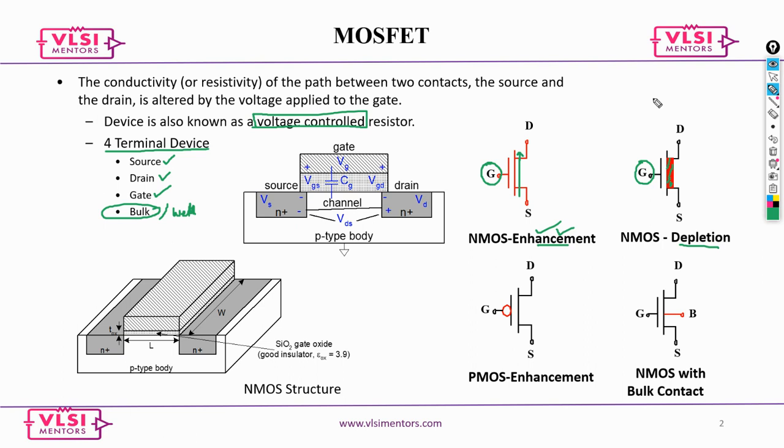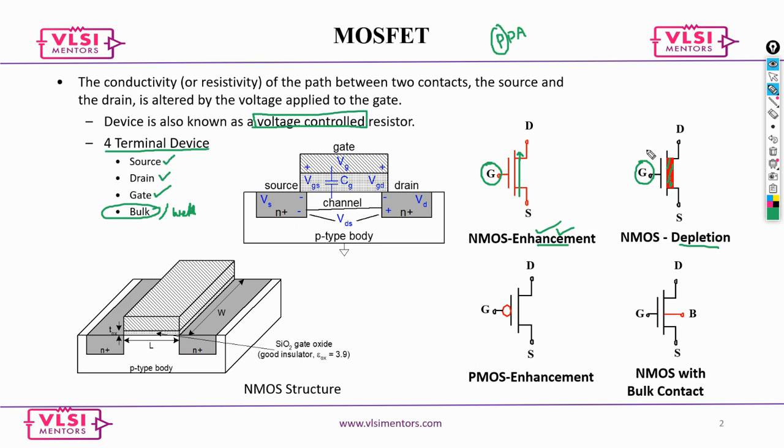Any IC we design now is likely to be power efficient, operated by a battery, or, like servers, power hungry. People look mainly at PPA, power, performance, and area. Power is the first thing, and depletion mode MOS may consume more power.